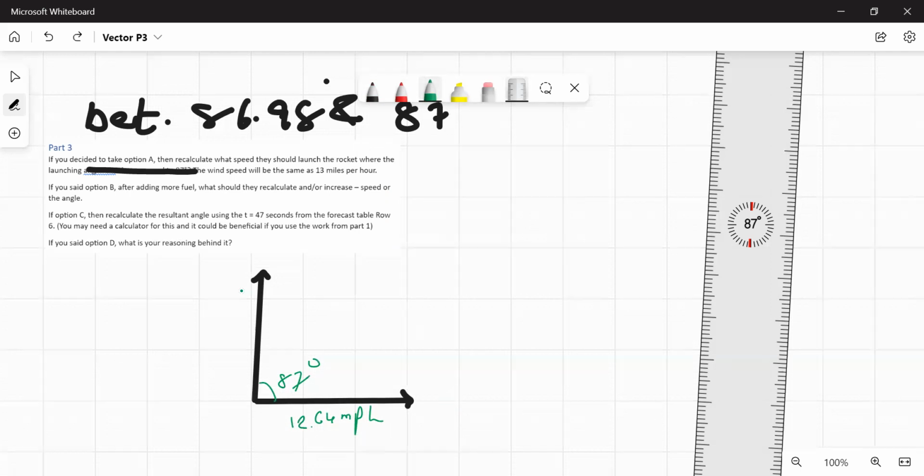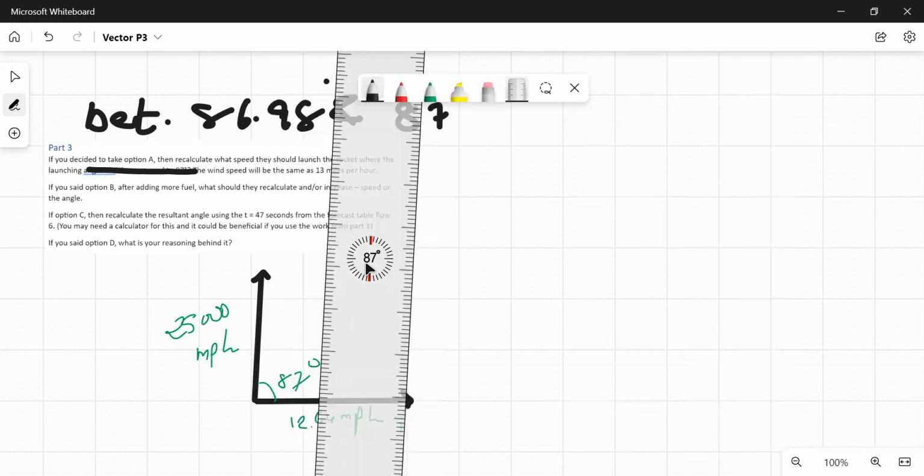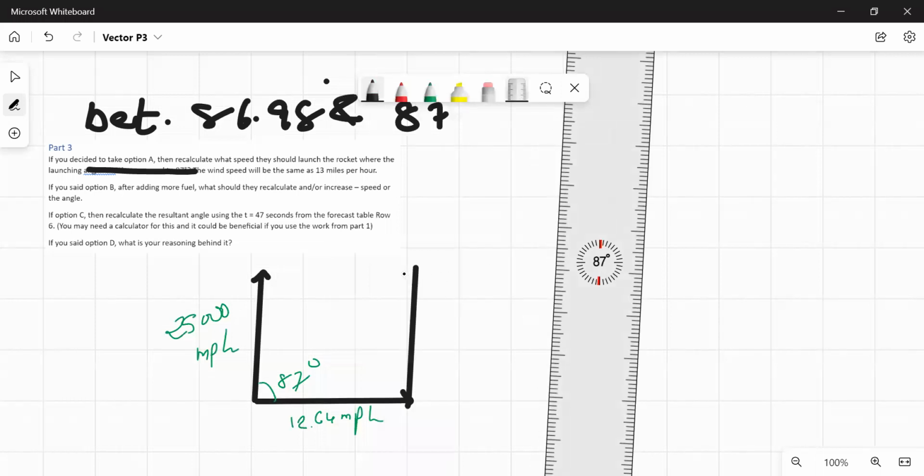The rocket launch is going above, so it's northwards, and it's going at 25,000, I believe, miles per hour. All right, so we got this stuff in. Now, from the problem that we did before, we created another line or vector from the point where the 12.64 miles per hour ended, and what we are trying to do is make a parallelogram.